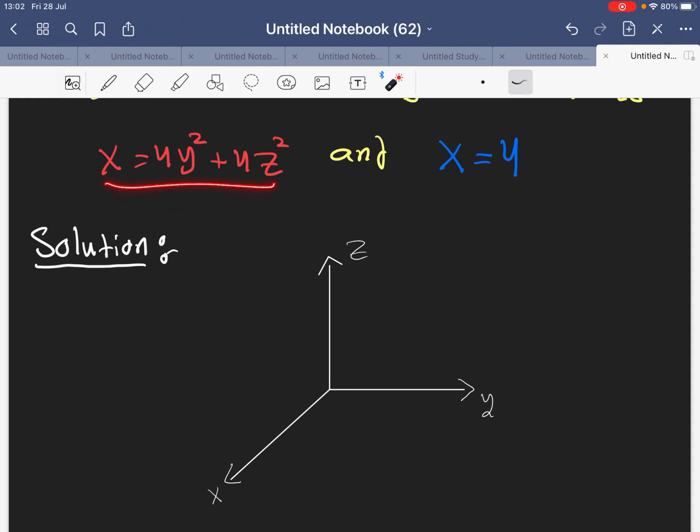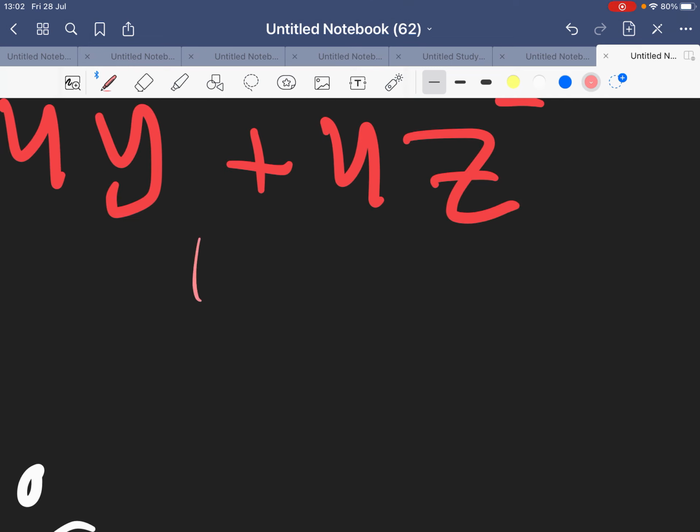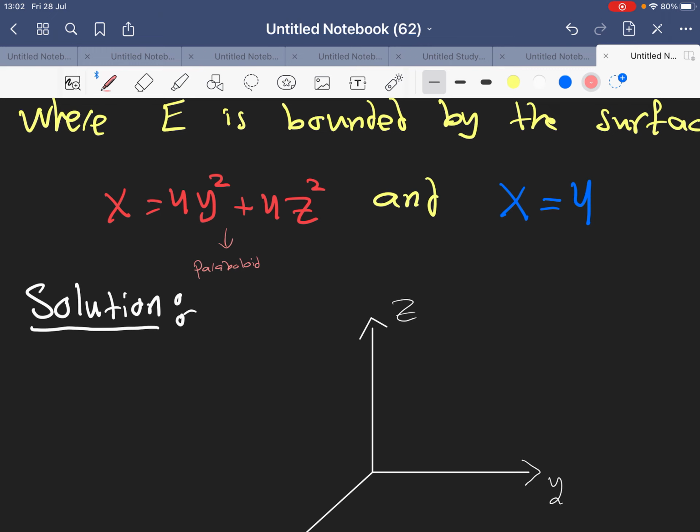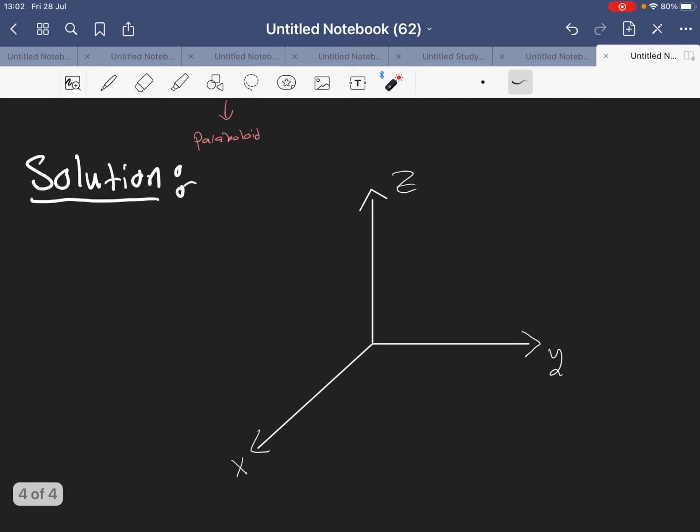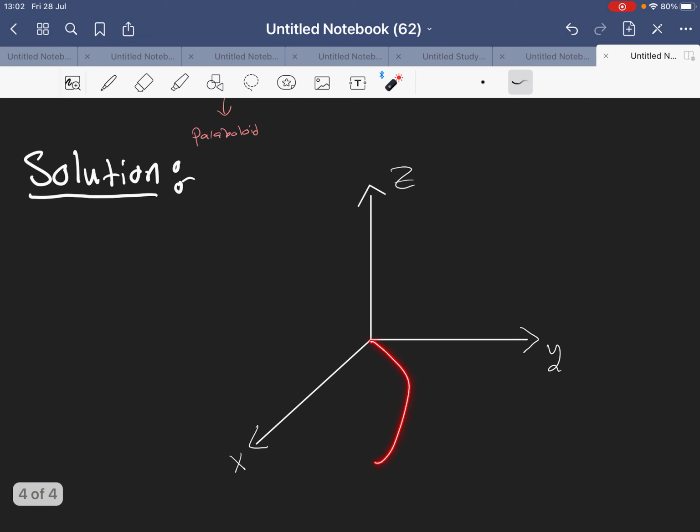Of course, as I said, let me just write it down here. This is a paraboloid, and we know how to graph the paraboloid. We graph the paraboloid in the direction of the variable that has degree 1, which here is x. So the paraboloid will be in the direction of x. You can imagine that the paraboloid will come outside the screen toward you.